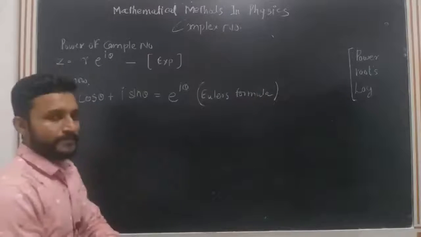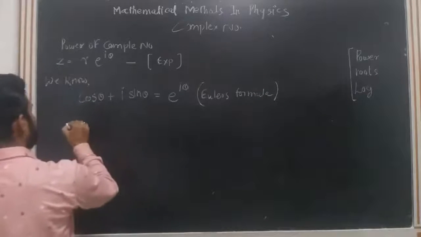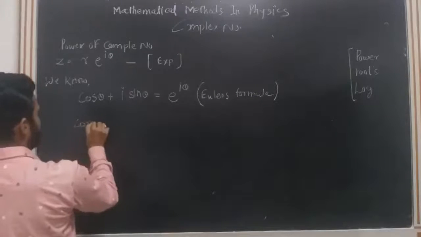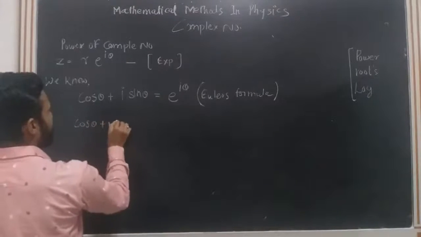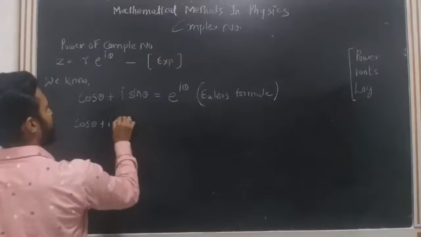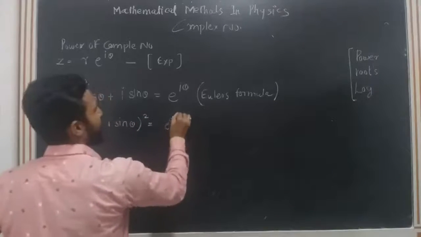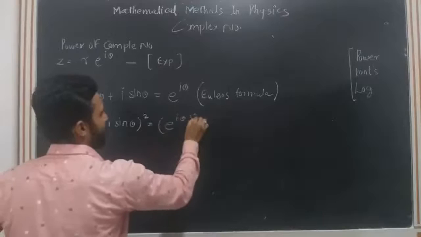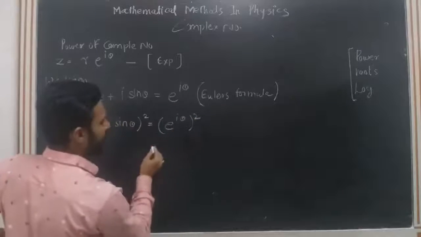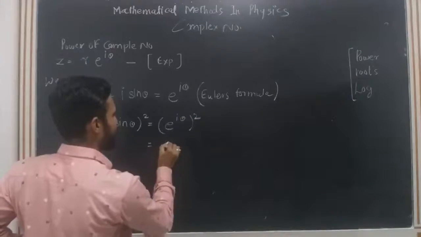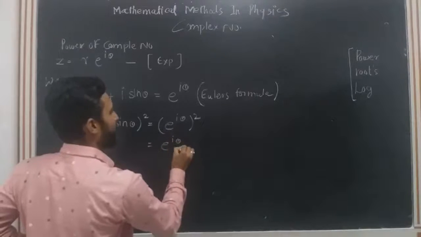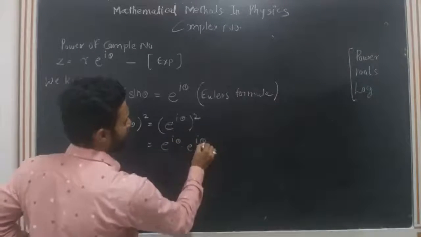So make the square of both sides first. So (cos theta plus i sin theta) squared equal to (e raised to i theta) squared. So we can rewrite this as e raised to i theta into e raised to i theta.